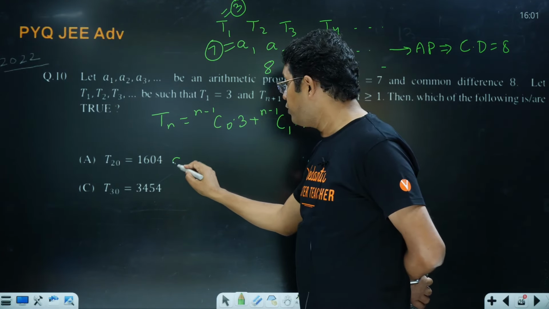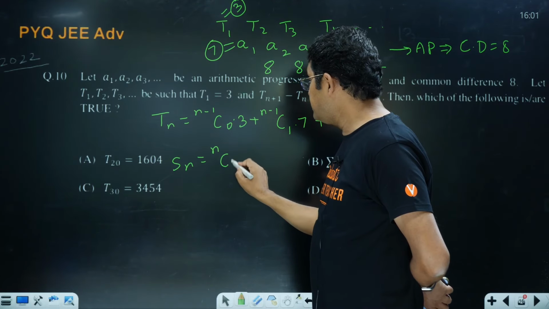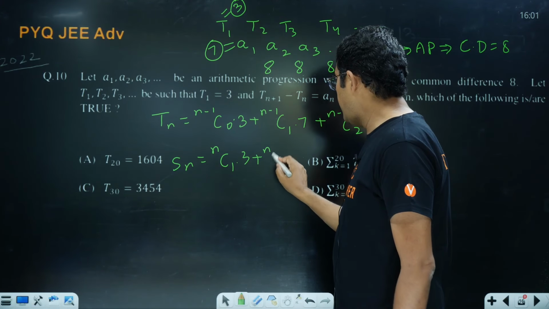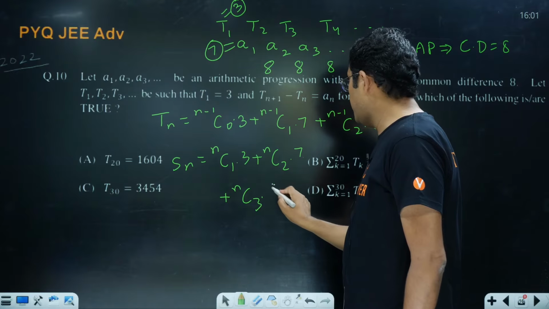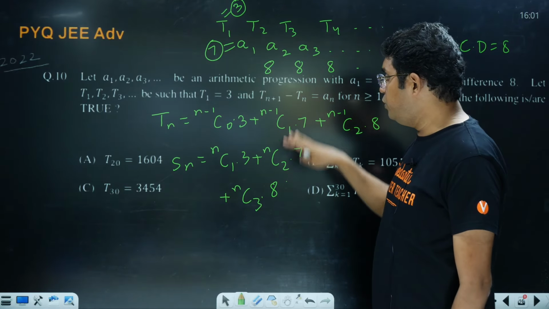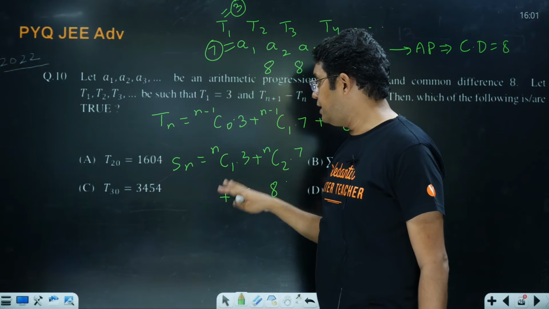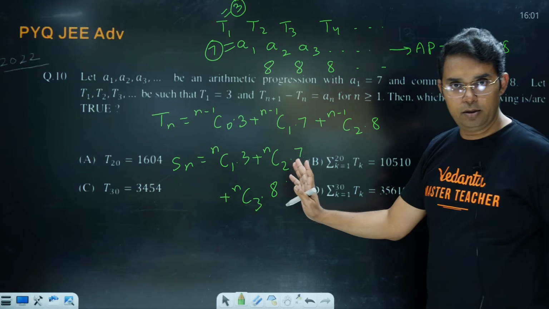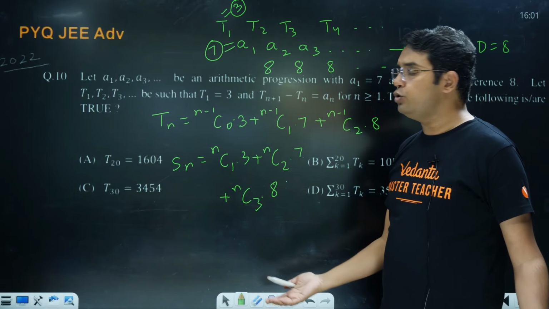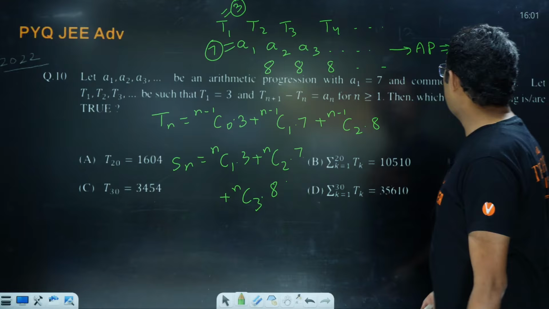You will get that thing directly. And similarly, if you are looking for Sn, it will be Nc1 into 3 plus Nc2 into 7 plus Nc3 into 8. Okay, so this way you get expressions for Sn, Tn directly and then put values of n as 20, 30, get the answer. By coefficient method also you can do it. There is no doubt about that.